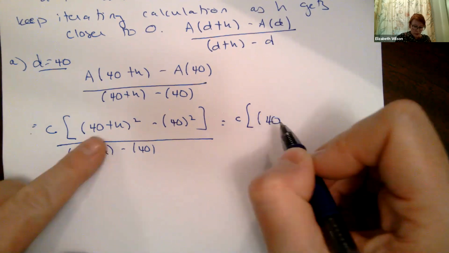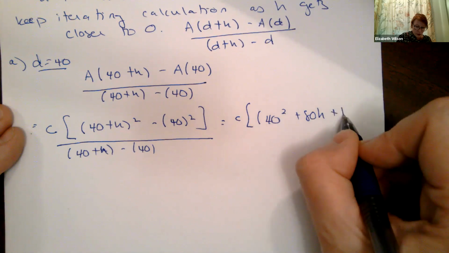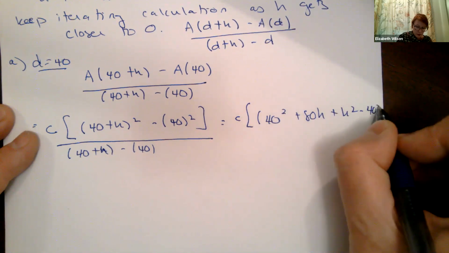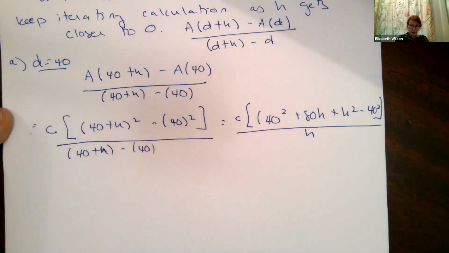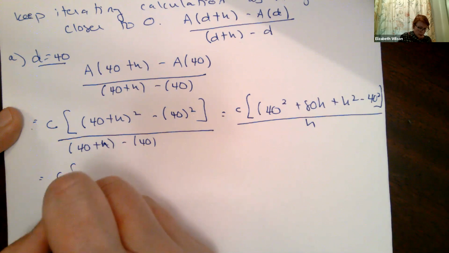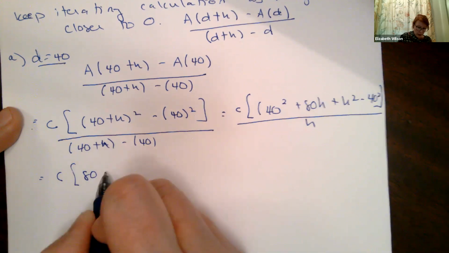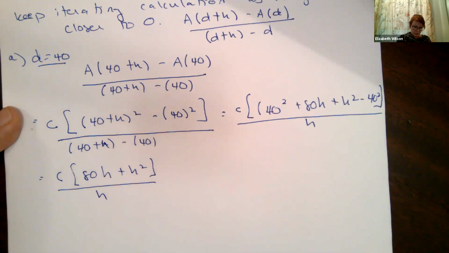So I'm going to FOIL this out. I've got 40 squared plus 80h plus h squared minus 40 squared, all over h. So I'm going to keep cleaning it up. This is going to be C times 80h plus h squared, all over h. You can see what I'm going to do.